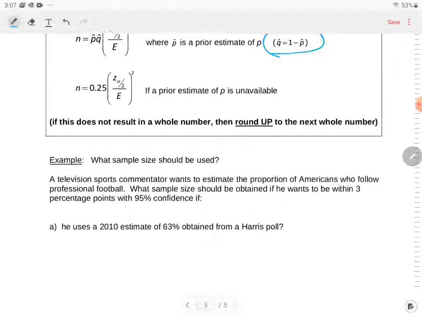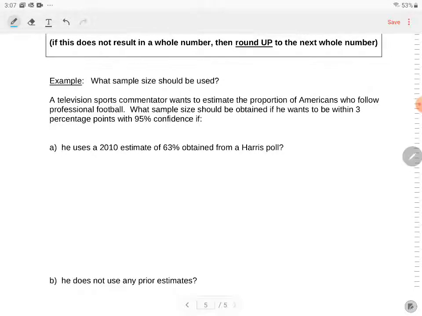So, what sample size should be used? So let's read. A television sports commentator wants to estimate the proportion of Americans who follow professional football. What sample size should be attained if he wants to be within 3 percentage points? Okay, so that means we're looking for n. That's your error, with a 95% confidence.